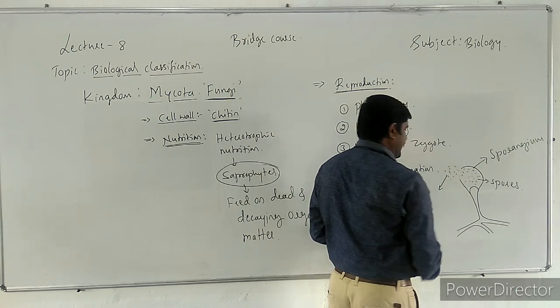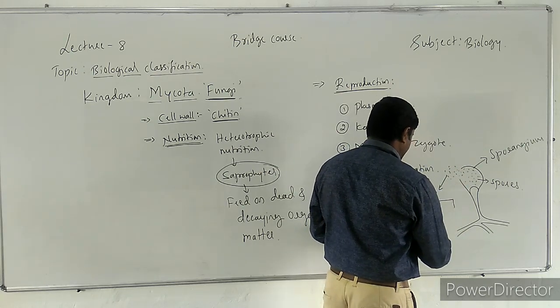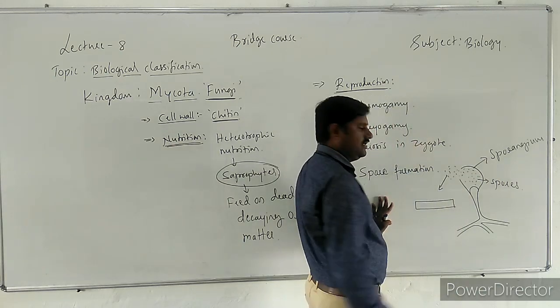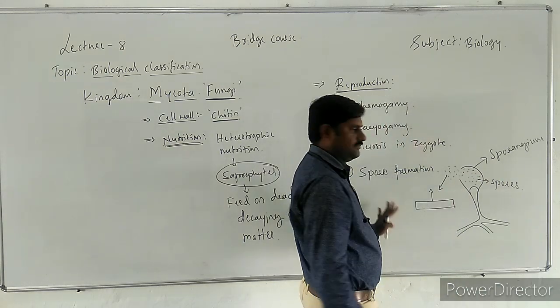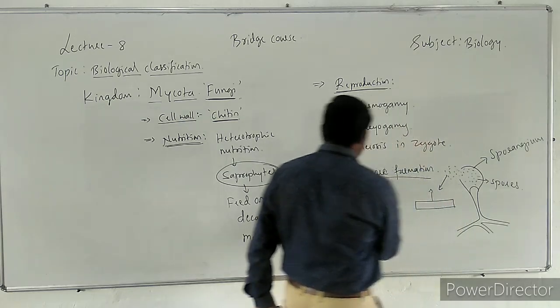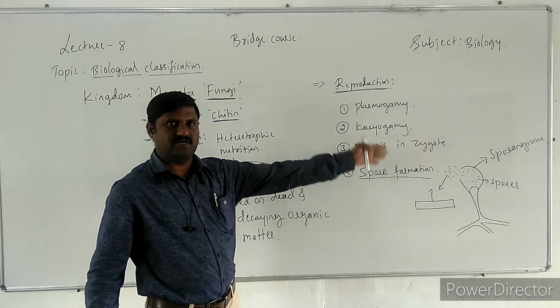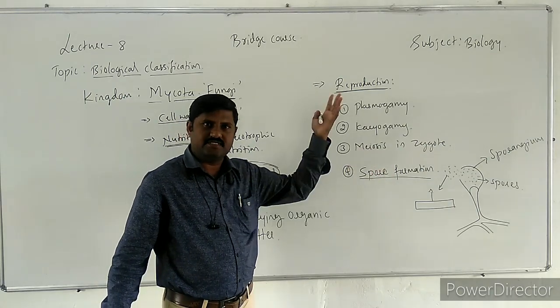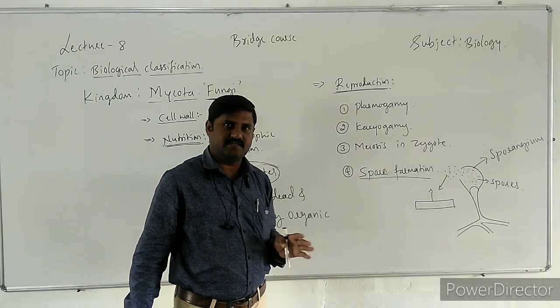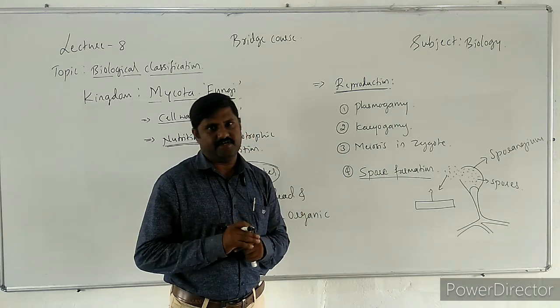When they fall on dead and decaying organic matter, they grow into a new individual. This is how spore formation takes place in the majority of fungi, and through those spores new individuals are formed. These are the methods of reproduction in fungi.